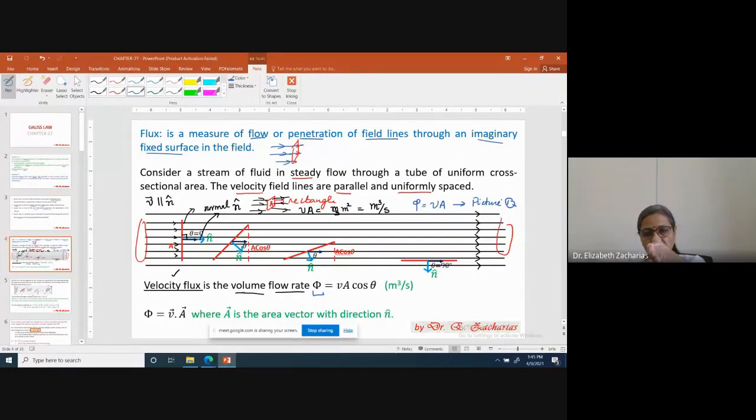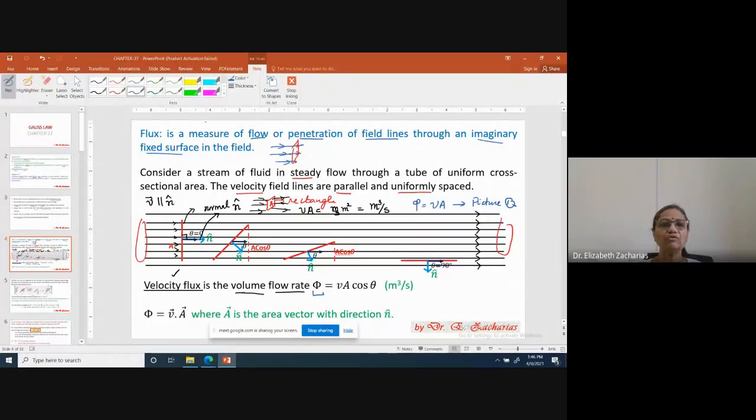It is also the orientation of the area with respect to the velocity field that is important. Okay, you're finding that in the first picture, the effective area that is available for going through is high, but in the second picture, it is lower, third picture still lower, and in the fourth picture, there is nothing that is cutting through.